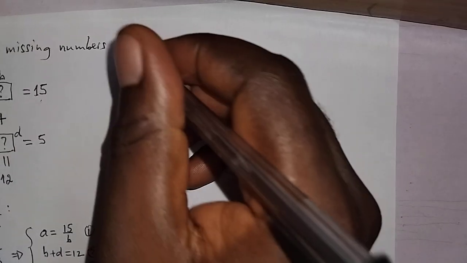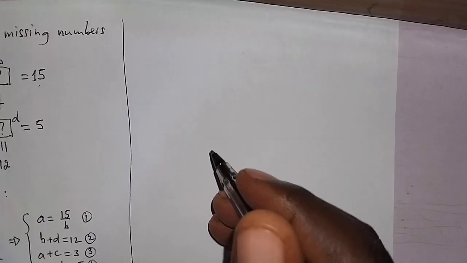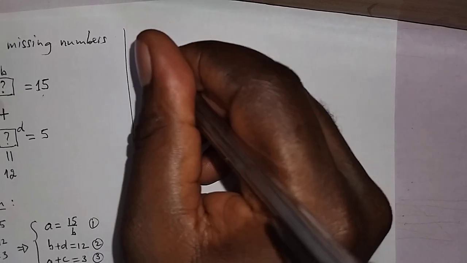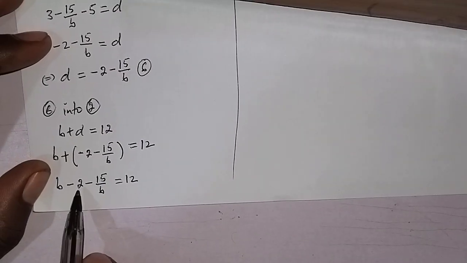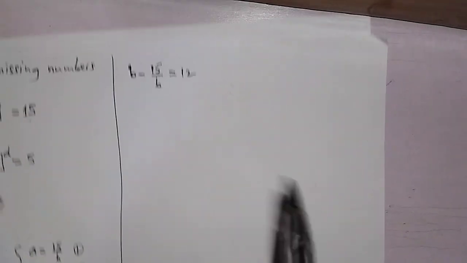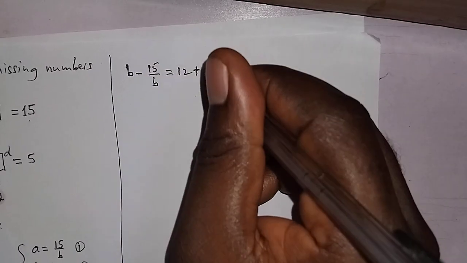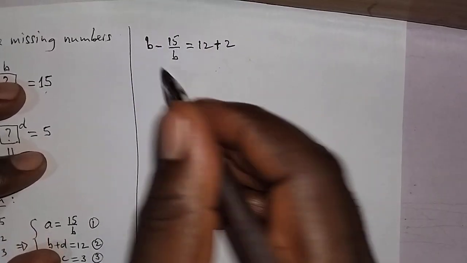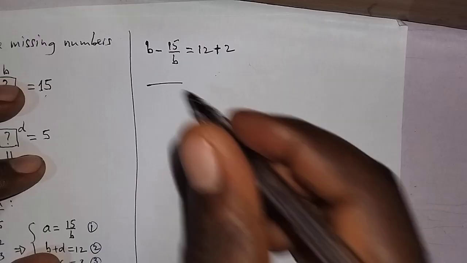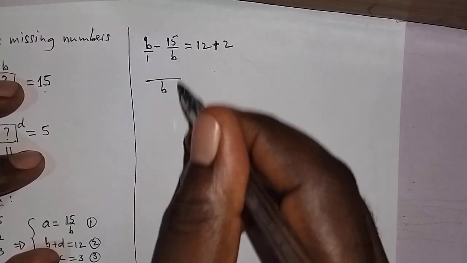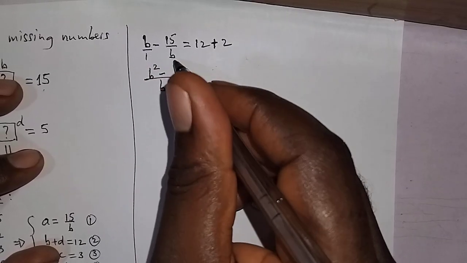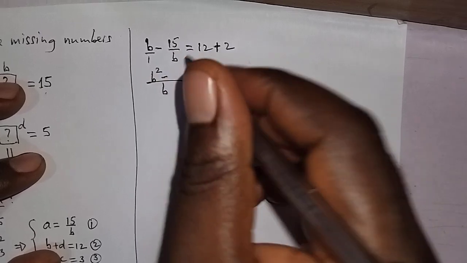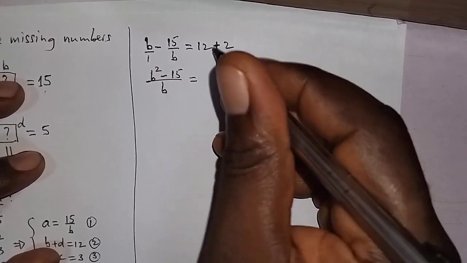So continue here. B minus 15 over B is equal to 12 plus 2. So we put in the common denominator B. B over 1 is equal to B times B. It is B square minus 15 over B, equal to 14.